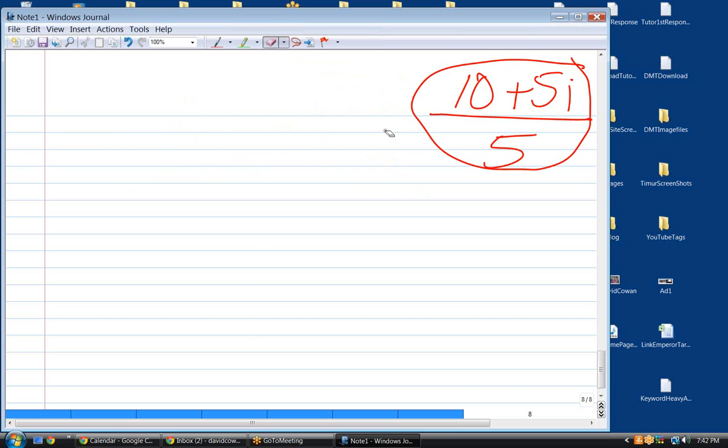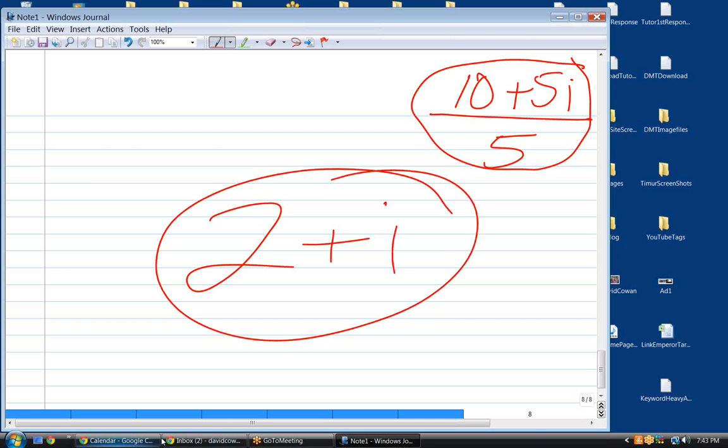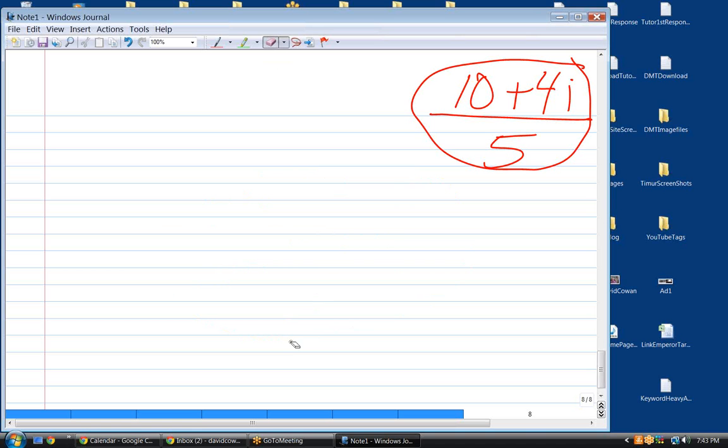Simplifying what you see there, 2 plus i over 5, right. But if that was, say, a 4, that might lose you points if you gave that as an answer.